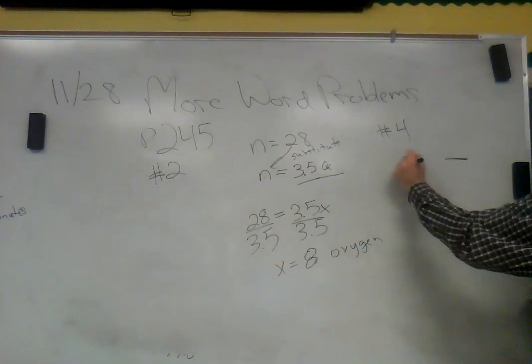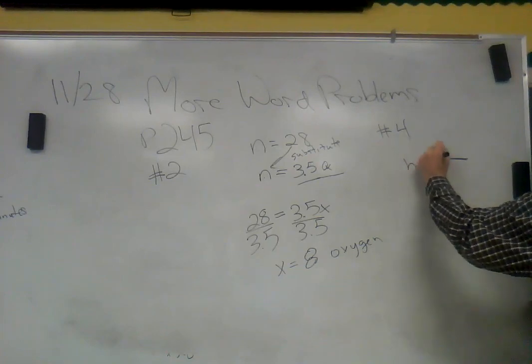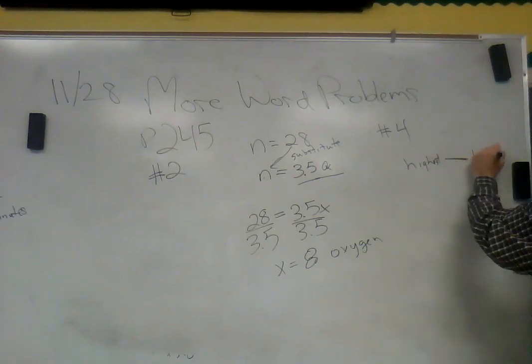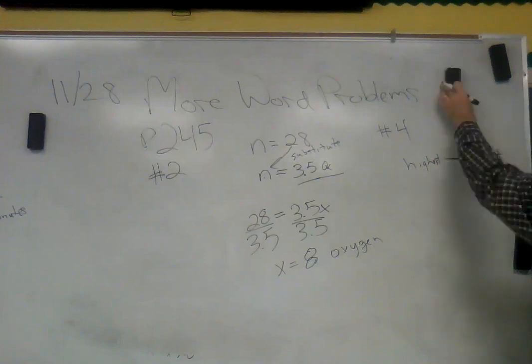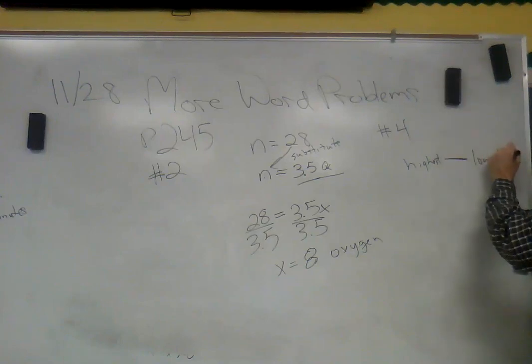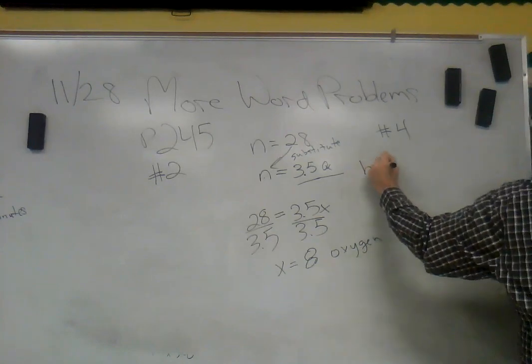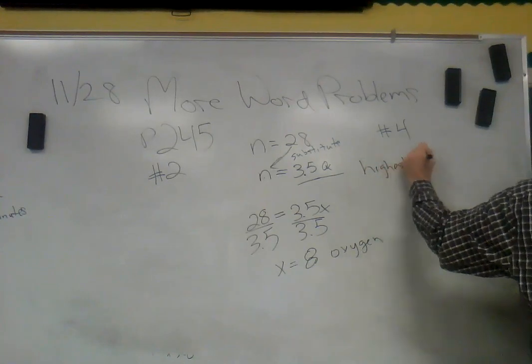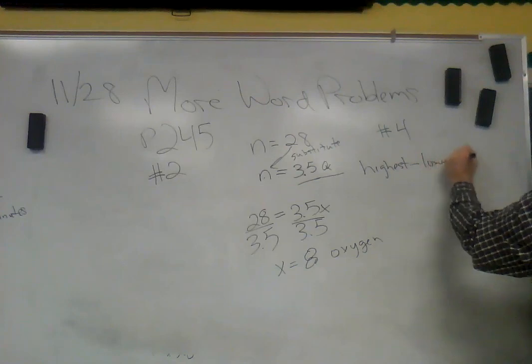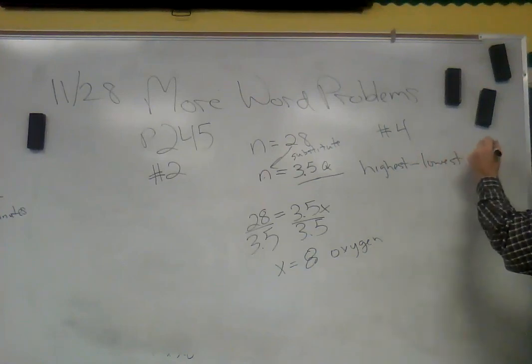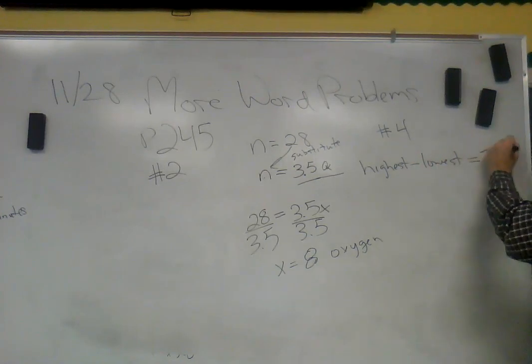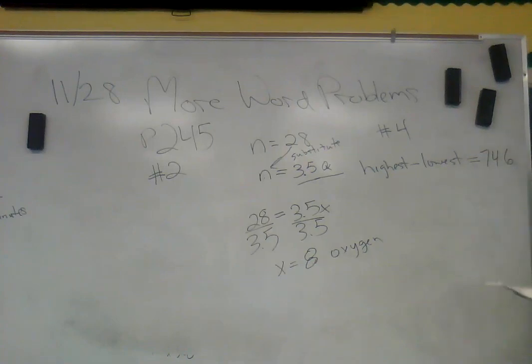So the difference between the highest and the lowest is, I should have made more room. Let's move that over. So the highest minus the lowest, and the difference is, which means equals 74.6.